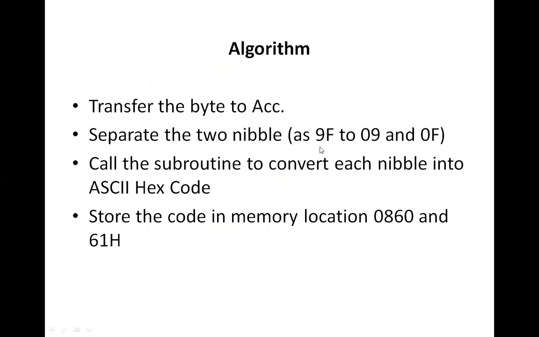Suppose the byte is 9F. So we convert this 9F into 09 and 0F. Then we call the subroutine to convert each nibble into its ASCII hex code. That is, 09 becomes 39, and 0F becomes 46 by adding 37. And then we store the ASCII code in the memory locations 0860 and 0861.